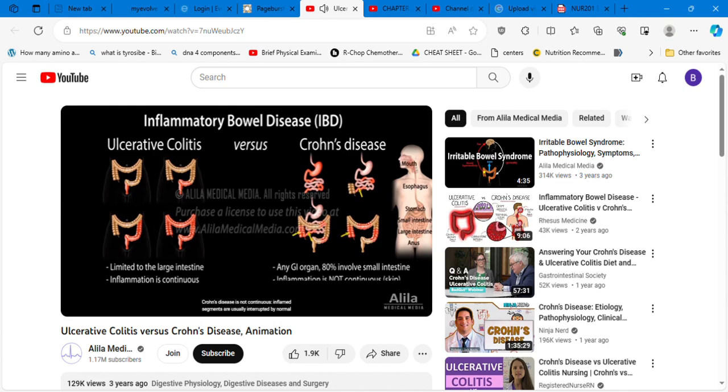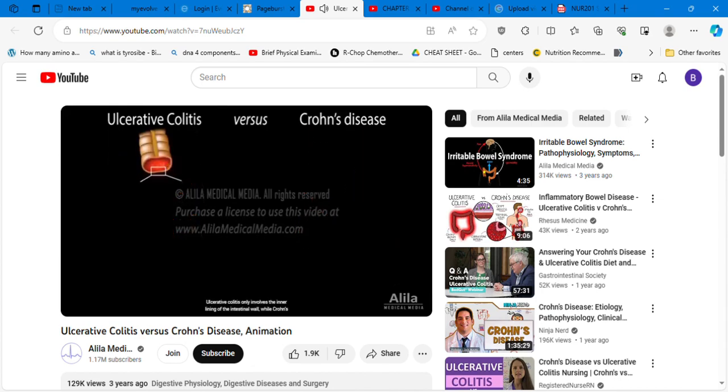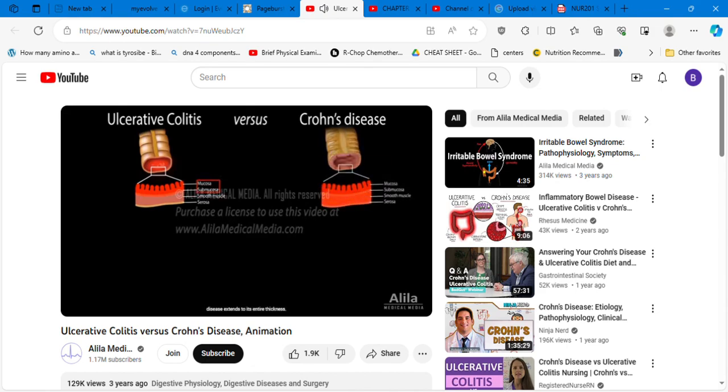Crohn's disease is not continuous. Inflamed segments are usually interrupted by normal, healthy tissues. The rectum is always affected in ulcerative colitis, but is usually spared in Crohn's disease. Ulcerative colitis only involves the inner lining of the intestinal wall, while Crohn's disease extends to its entire thickness.